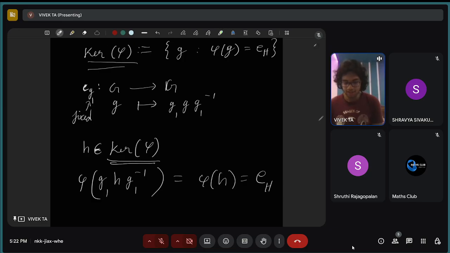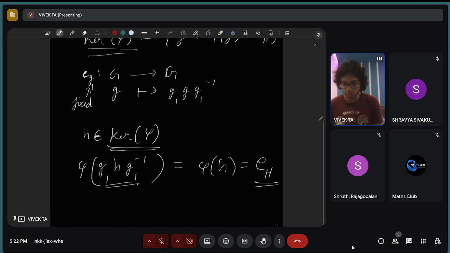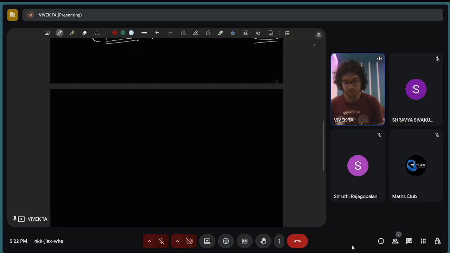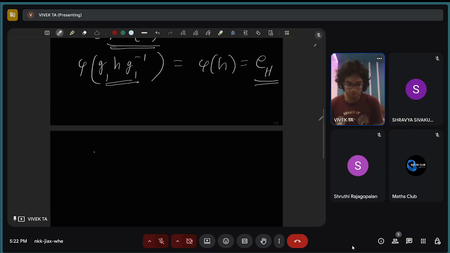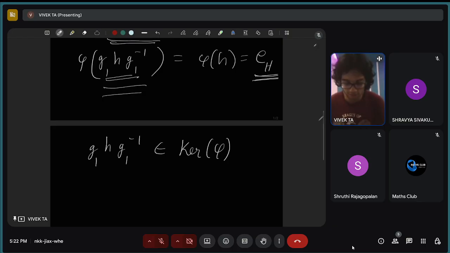So essentially, if you take an element from the kernel and apply the conjugation map to it, it's going to give you the identity itself. So whatever you put the conjugation map to be, the resulting element is going to belong to the kernel itself. So g1 h g1 inverse belongs to the kernel of phi because when phi is applied on it, it gives you the identity element, which by definition implies it belongs to the kernel.